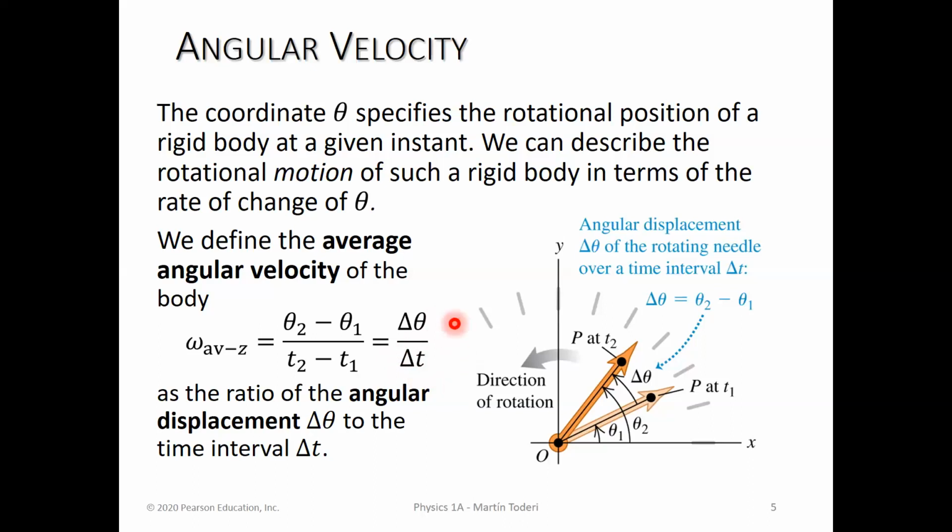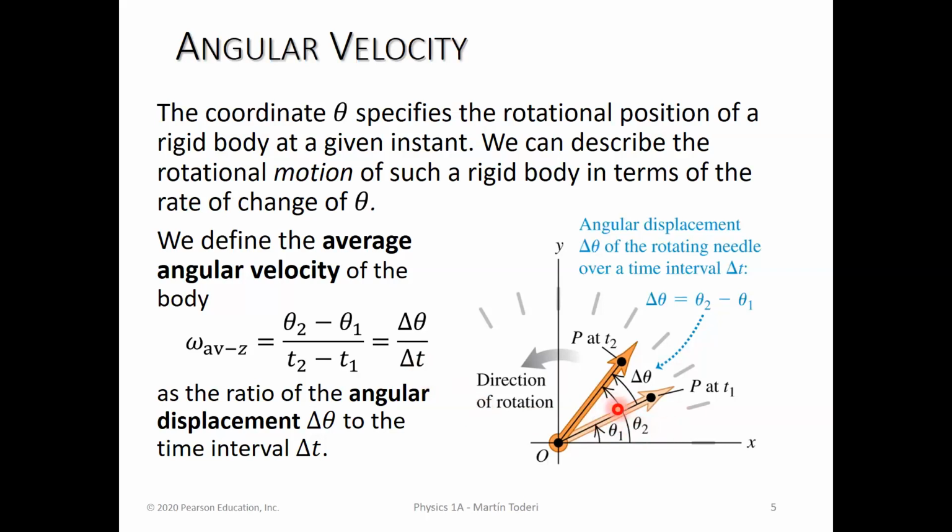So I think that you can see what we're aiming to in the next slide, but here we have the graph that is showing how delta theta is being represented here. So if we have the particle at an initial point, let's say 1 at time 1, then this is rotating counterclockwise to a position 2 at time 2, and we have two angular positions, let's say theta 2 and theta 1.